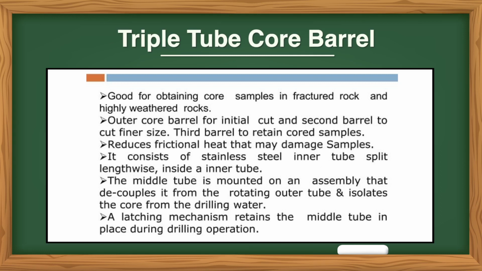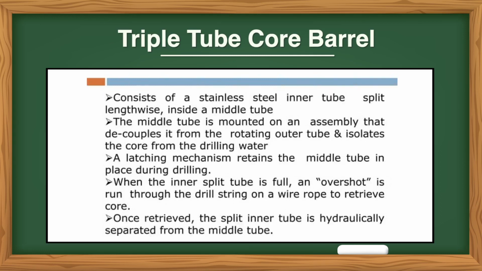It reduces frictional heat that may damage the sample. The middle tube is mounted on an assembly that decouples it from the rotating outer tube and isolates the cores from the drilling water. A latching mechanism retains the middle tube in place during the drilling operation.